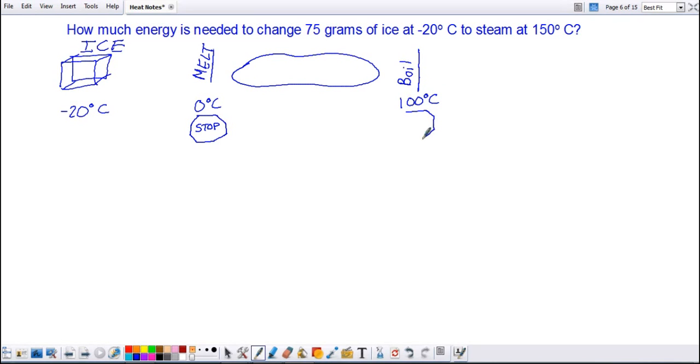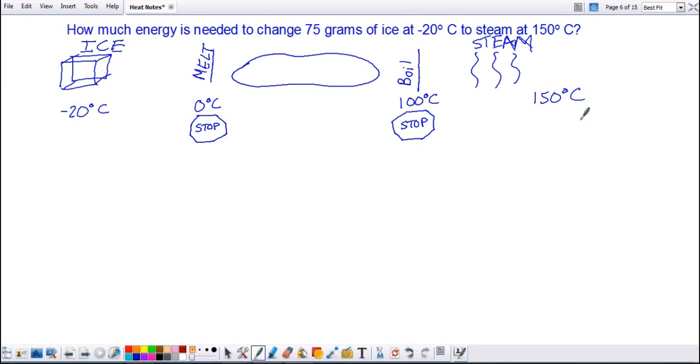Again, the temperature is going to stop changing for a little bit while it's undergoing a phase change. Then after it is all boiled, it's all steam, the temperature can continue to rise until it gets to 150 degrees Celsius.